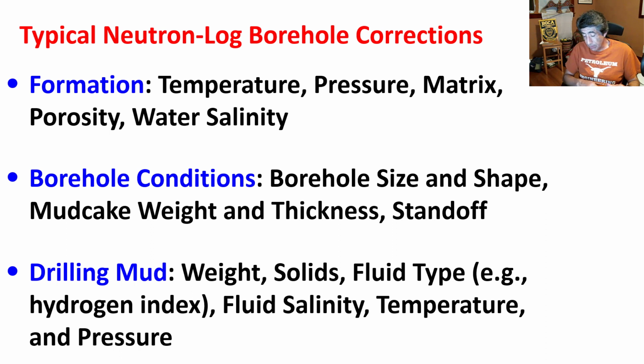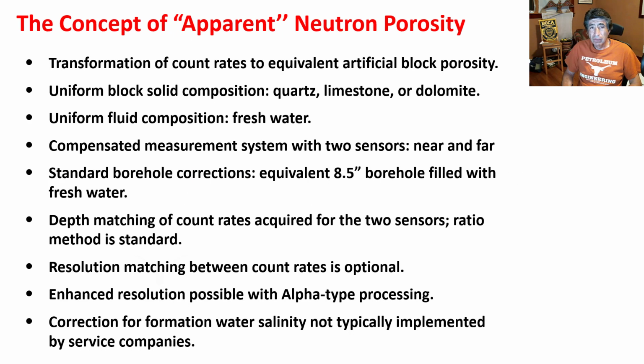I think some of these corrections are extremely reliable. We just have to be aware of whether they were made. But never ever interpret neutron logs if you're not sure that all of these environmental corrections were applied to them. Otherwise, you're going to end up with the wrong assessments.